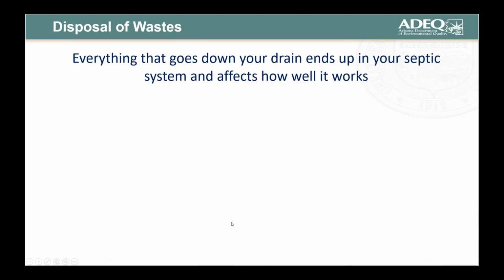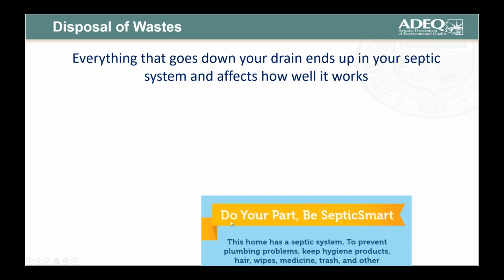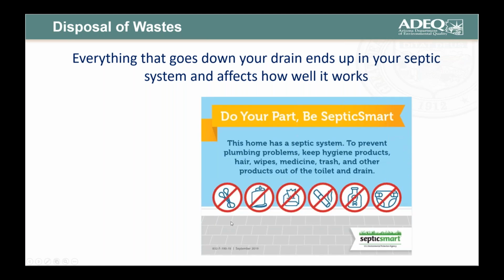Now let's think about disposal of waste. Everything that goes down your drain ends up in your septic system and affects how well it works. The U.S. government has some nice materials, the Septic Smart materials. Do your part, be septic smart. This home has a septic system. To prevent plumbing problems, keep hygiene products, hair, wipes, medicine, trash, and other products out of the toilet and drain.